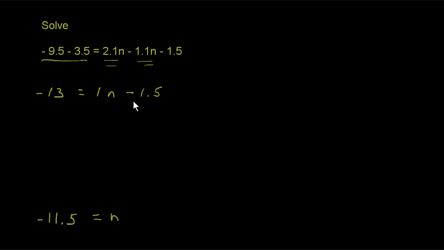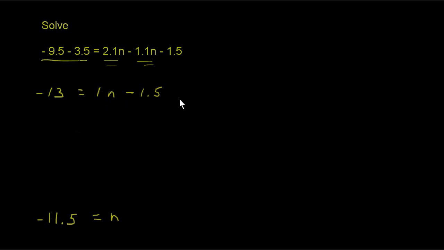Okay, the next step is we are going to use the addition property of equality. As long as we add the same amount to both sides of the equal sign, we'll be just fine. We'll have an equivalent equation. And so what we'd like to do is get the n all by itself down here.